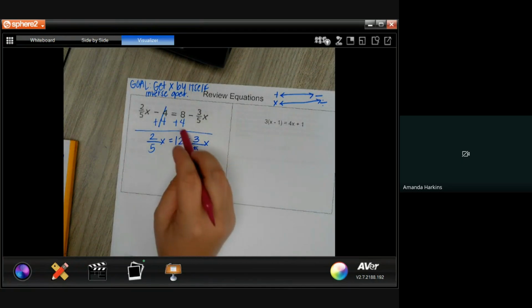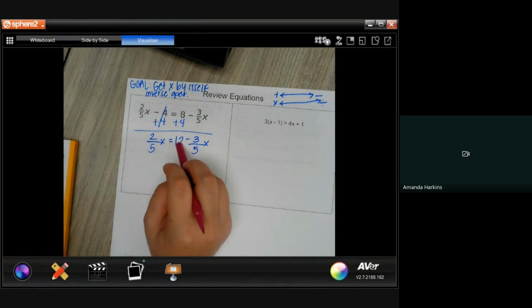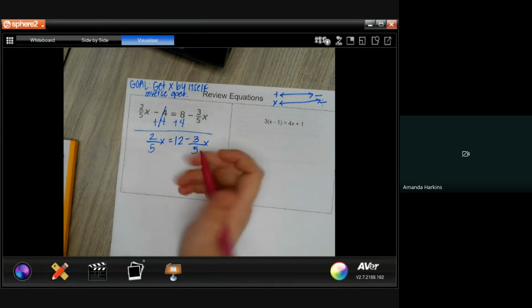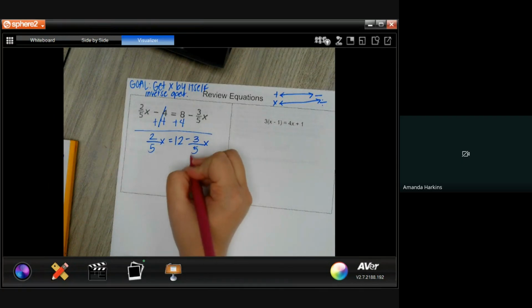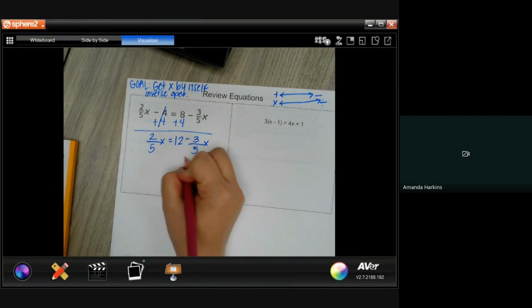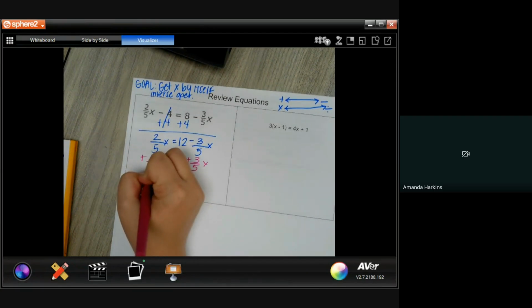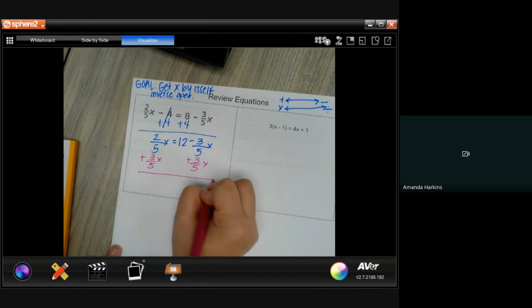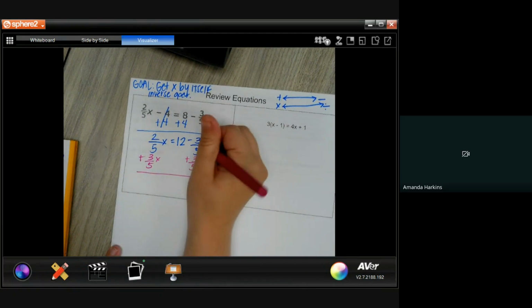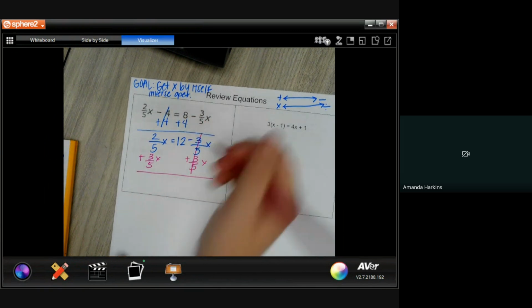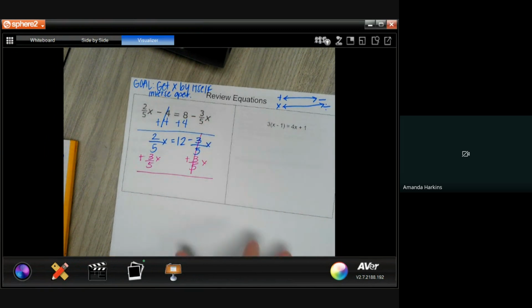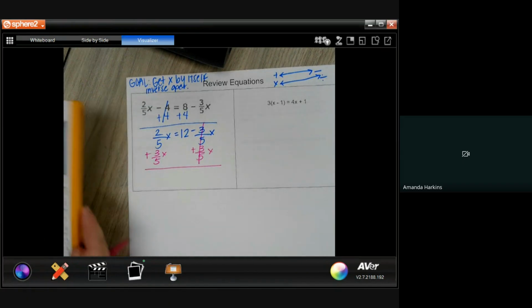And so because I already have a constant on the right side, I'm going to go ahead and move this. So the inverse to minus 3/5 is plus 3/5, plus 3/5. All right.